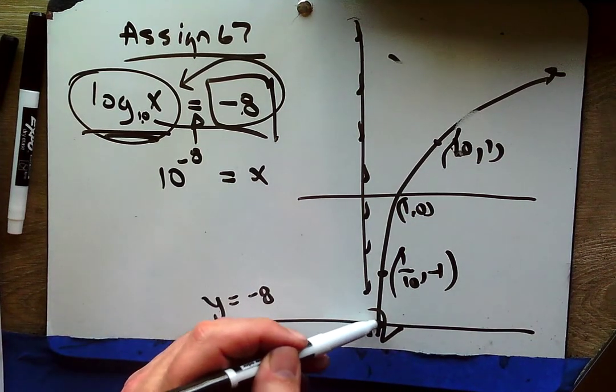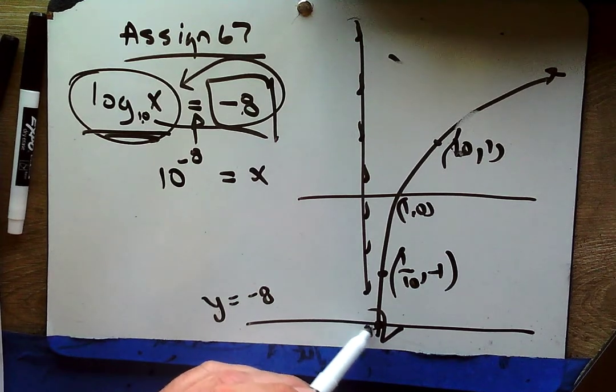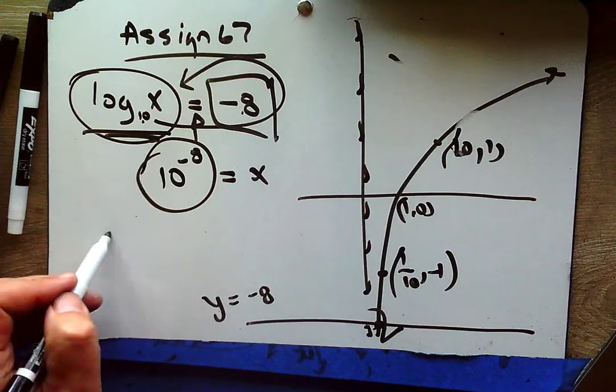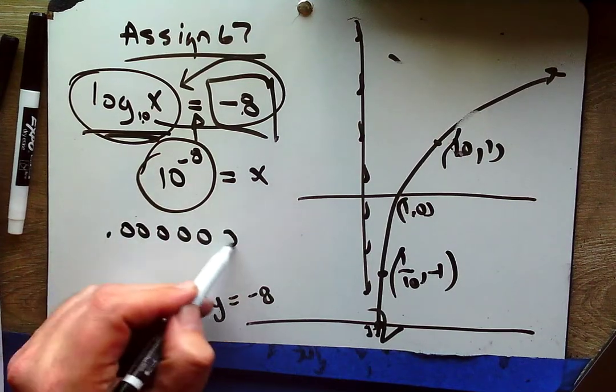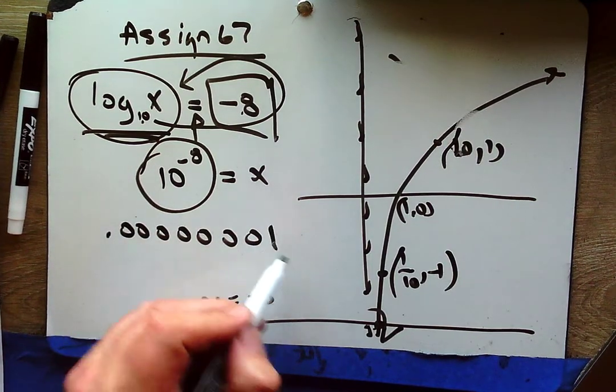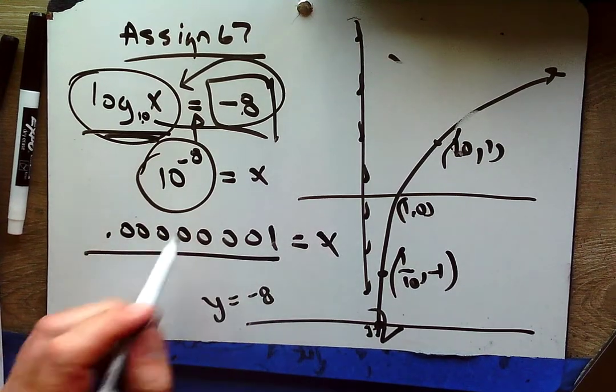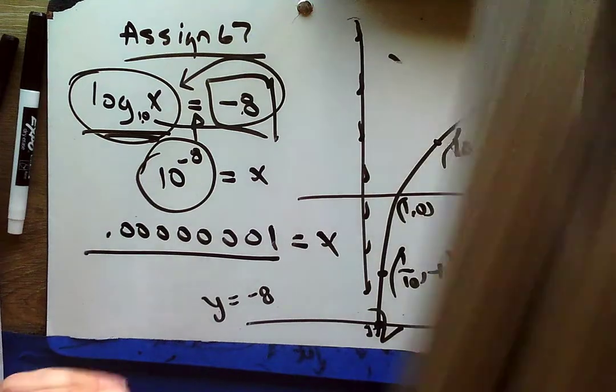And we see it's going to be very close to 0. Very close. That's the x value at that point. We're very close to 0.